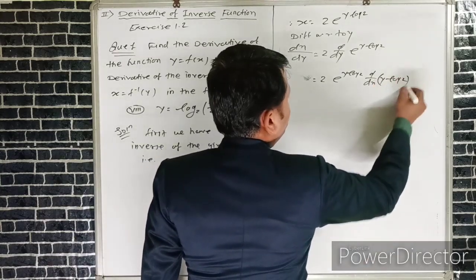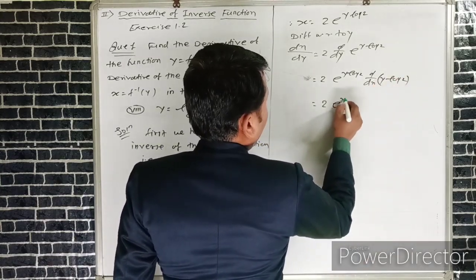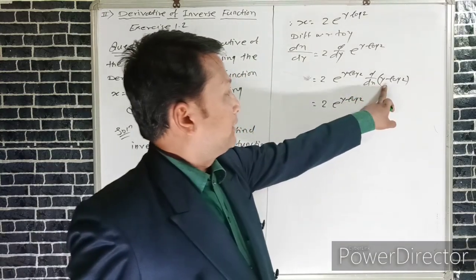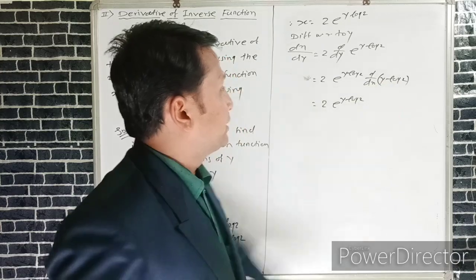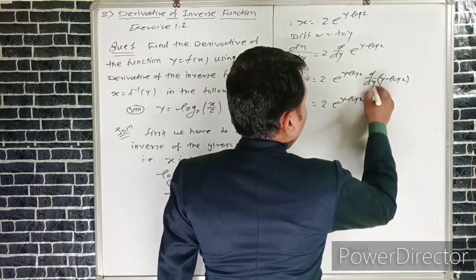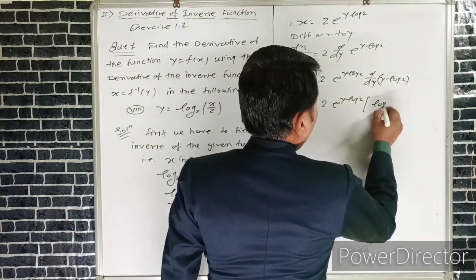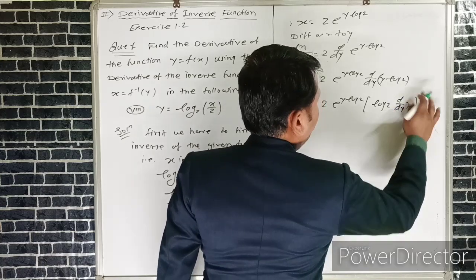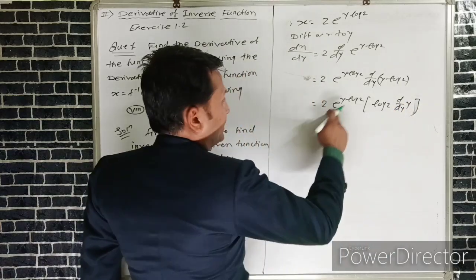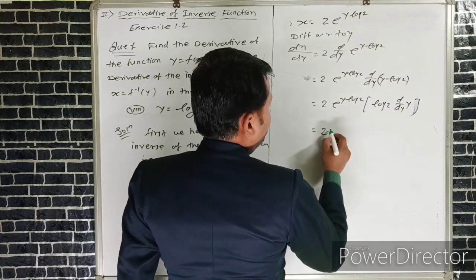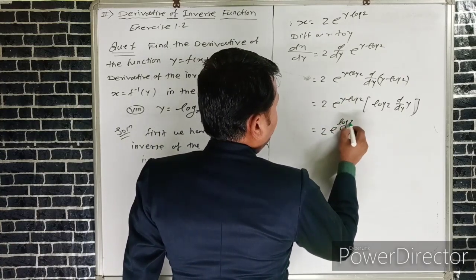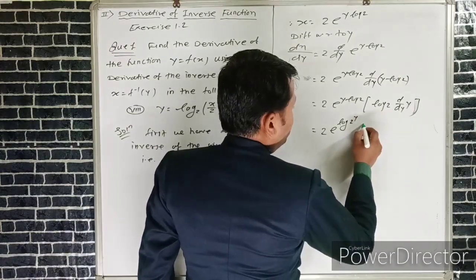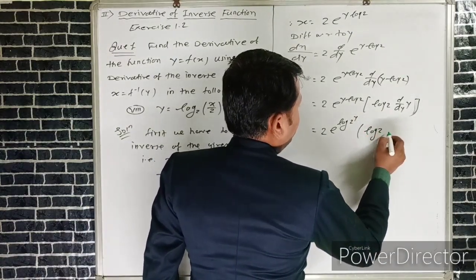Here log 2 is a constant and the derivative of y is 1. We can write log of 2 into the derivative with respect to y of y. Again this function we can write as 2 into e to the power log of 2 raised to the power y, log 2 is a constant and the derivative of y is 1.